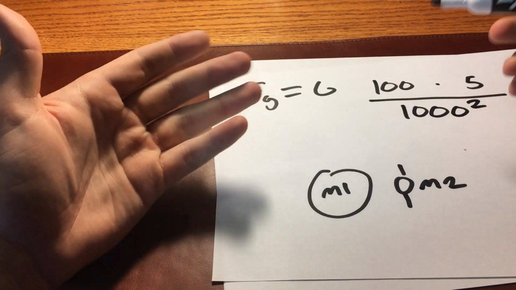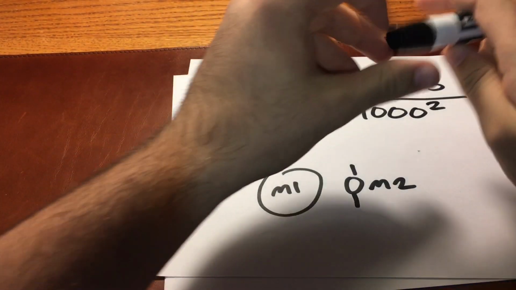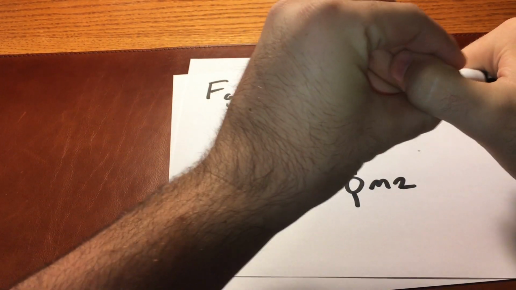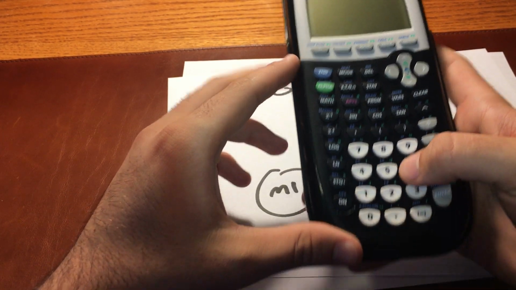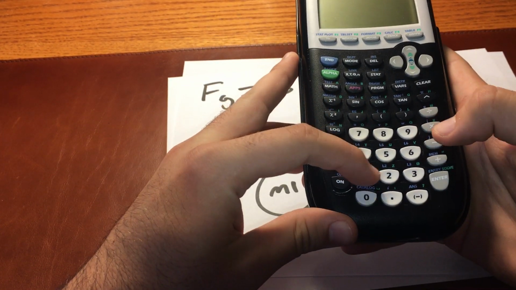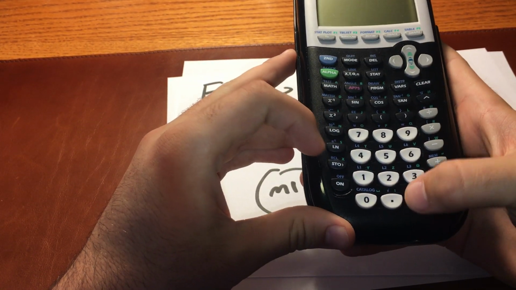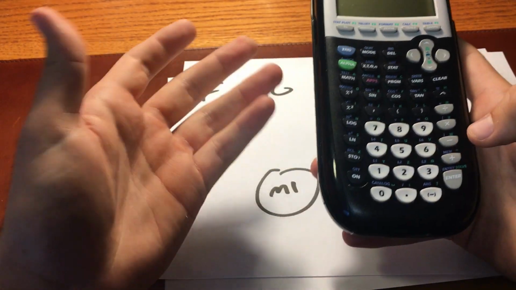Let's plug this in our calculator and see what we get. We turn our calculator on, and we have 6.67 times 10 to the negative 11th, and I just like to keep that as it's a constant.